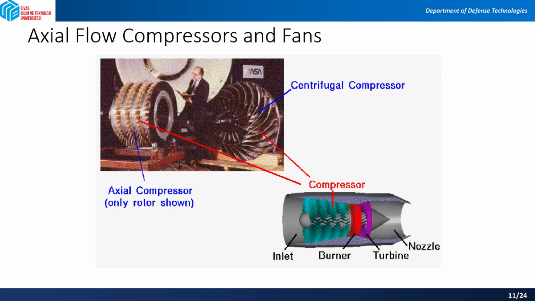One was the axial compressor and one was the centrifugal compressor. And you know that in a jet engine, you're going to have both of those compressors, especially the axial compressors are mainly used, as you can see here.